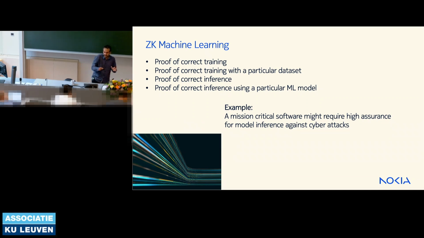Why? Depends on the application, but people are looking into that. Or you also want to prove that this model was trained with particular data. We can use these techniques to generate a proof of training for exactly particular data and not that data.